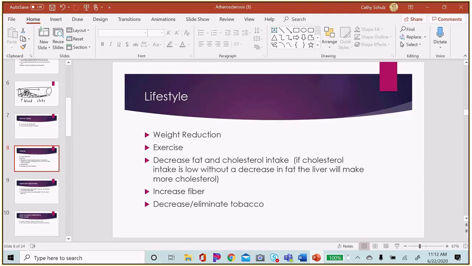Increasing fiber helps bind excess cholesterol in your intestines instead of being absorbed into your system. Obviously, tobacco products increase vasoconstriction and contribute to atherosclerosis, so anything anyone does to reduce smoking is good. And exercise has been shown to be one of the only ways that we can naturally increase the amount of HDLs in our body.